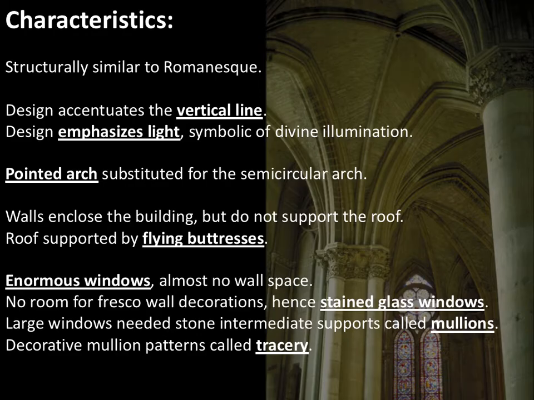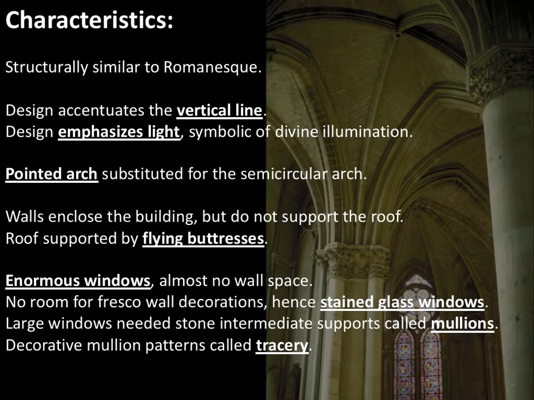And because these windows are so huge, you need some kind of intermediate supports within them to hold them up and to hold up all of that glass. Those divisions within the window we call mullions, and the decorative patterns that are pulled into the windows, that's what we call tracery.